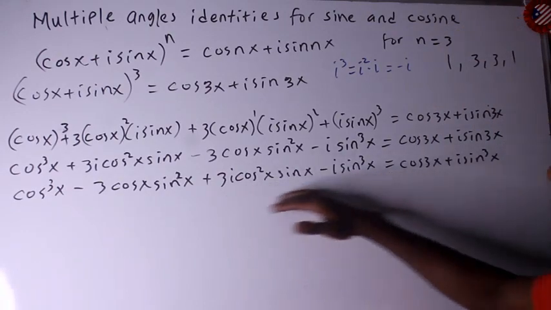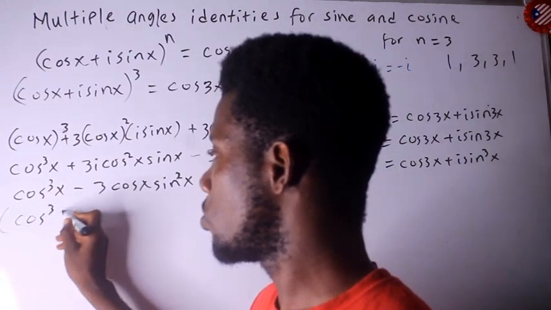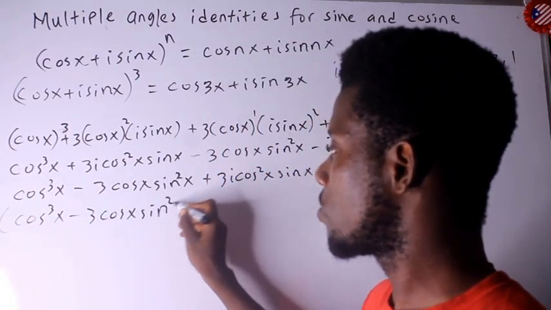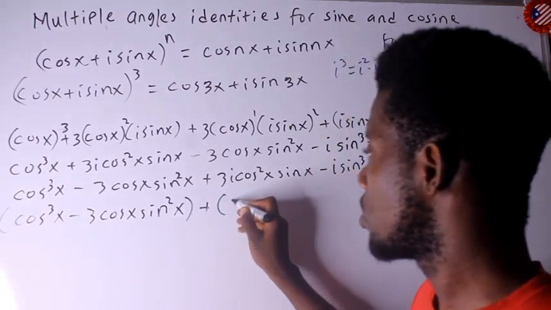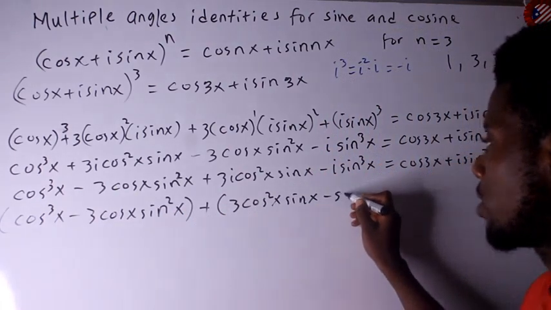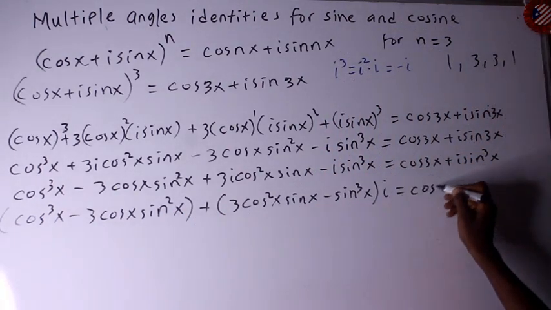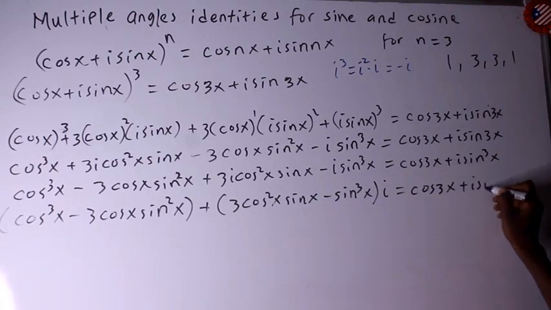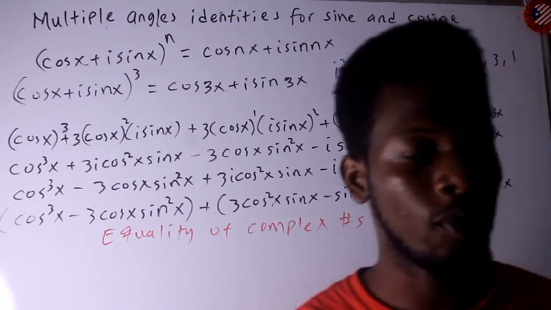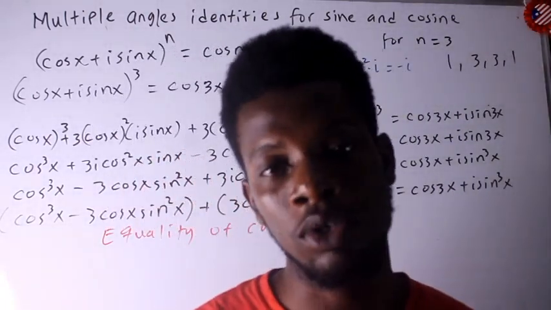You can factor out an i from here. So I'll put this in parentheses as cos cube x minus 3 cos x sine square x plus, it will be (3 cos square x sine x minus sine cube x) times i, and this is cos 3x plus i sine 3x. For two complex numbers to be equal, their real parts must be equal, and their imaginary parts must also be equal.